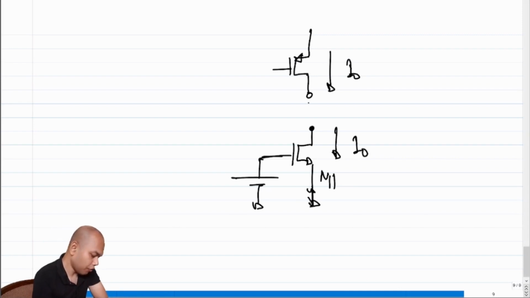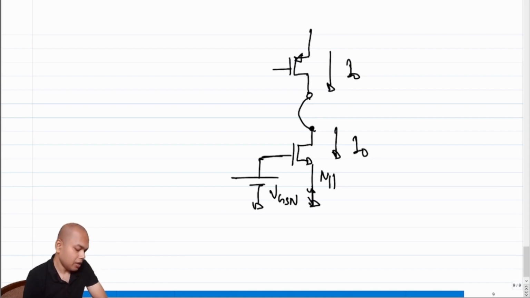So let's do the most obvious things first. Let's connect the drains together for the PMOS transistor. Let's say this has some VGS, which we call VGSN. After doing some calculations, we figured that we want some VGSP on the PMOS transistor M2 for it to source a current of I0.